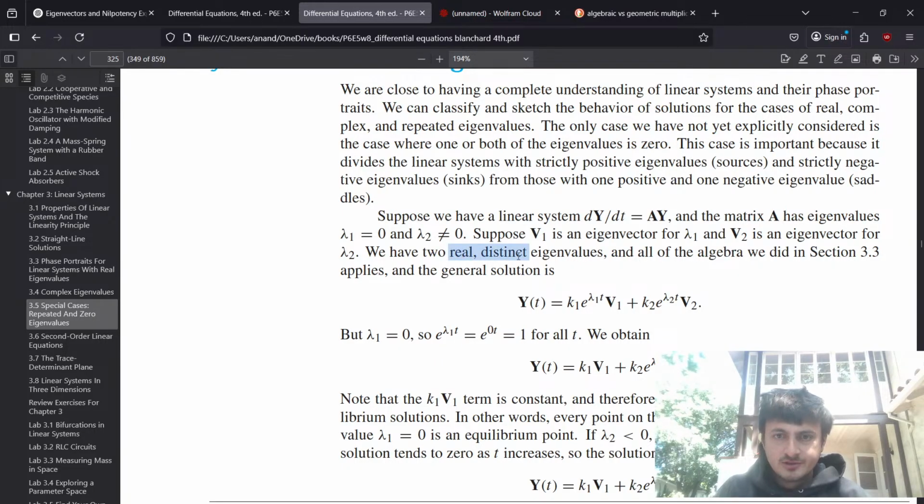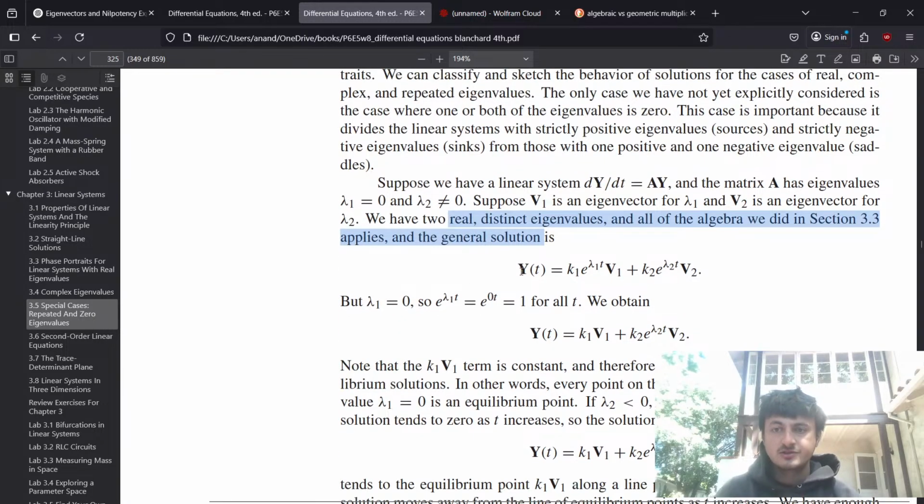We have two real distinct eigenvalues, and all of the algebra we did in section 3.3 applies. So the general solution is, okay, so let me just say 0 eigenvalues.